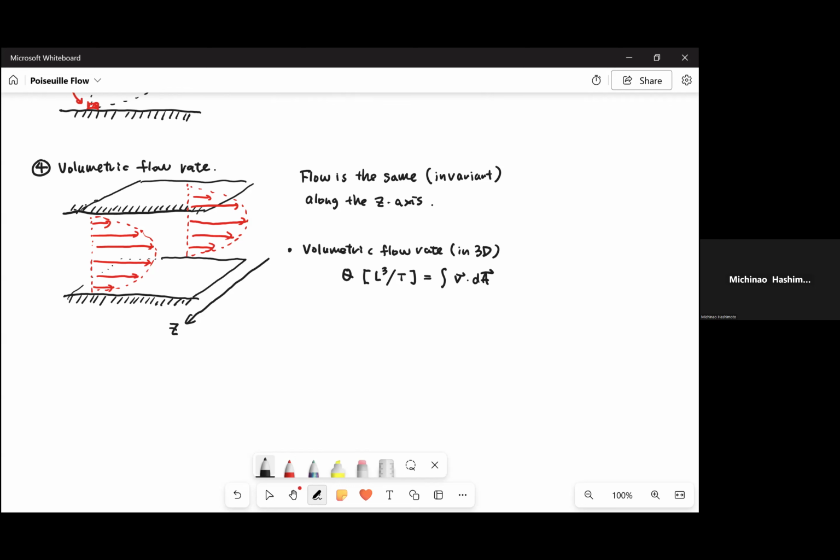But now we are able to extend this concept. Because in this particular case, the flow doesn't change along the z direction, we can consider a volumetric flow rate in 2D.